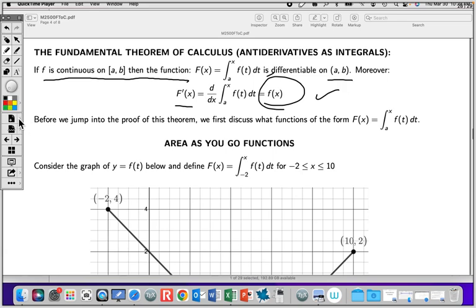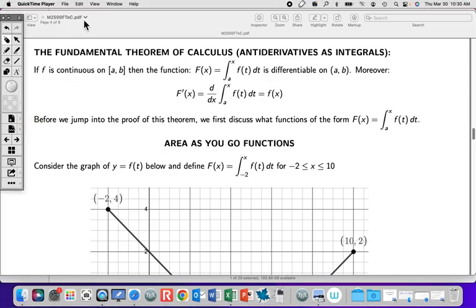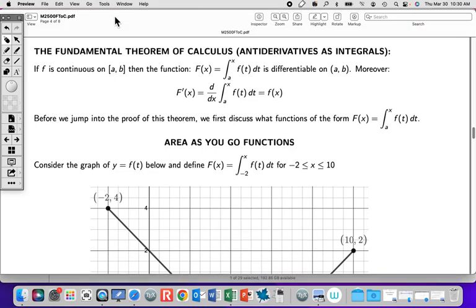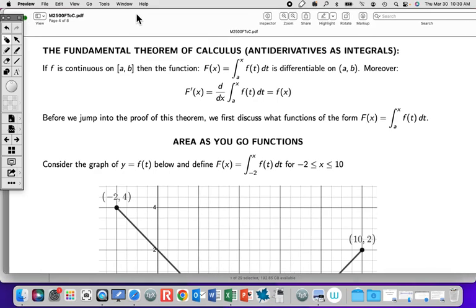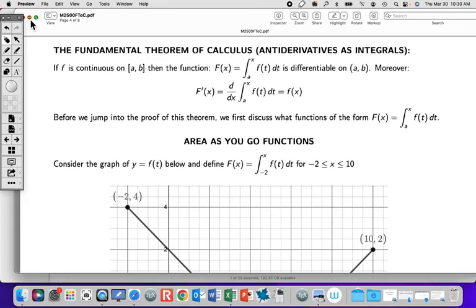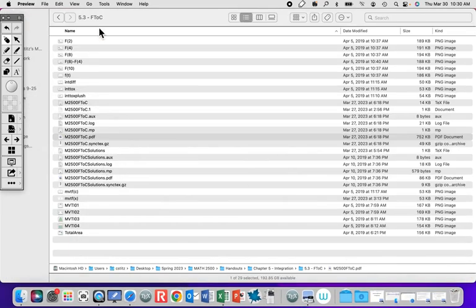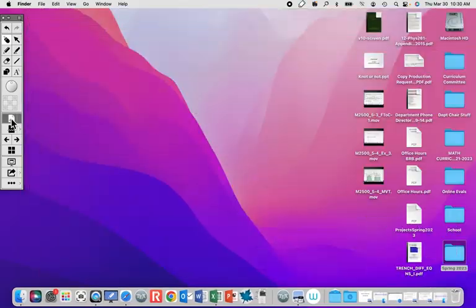So we had a nice geometric argument we talked about in section 5.3, but to actually prove it a little more precisely, we're going to use the mean value theorem we learned in section 5.4. So here's the proof of that. We're going to assume the if part.